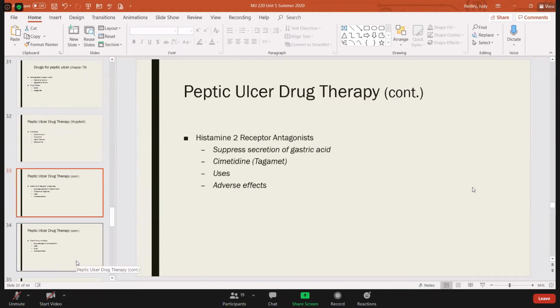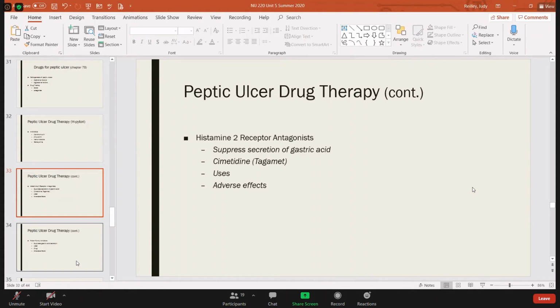When you look at your histamine 2 receptor antagonists, these are going to suppress your gastric acid. Tagamet is one, Zantac is another one. However, due to research, Zantac is no longer available on the market because it increases the risk of cancer when it sits longer term on a shelf or in a cupboard in someone's home and is exposed to the heat or the sunlight.